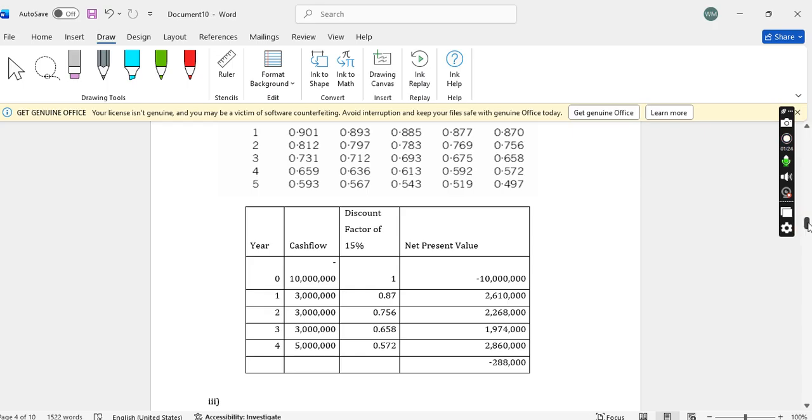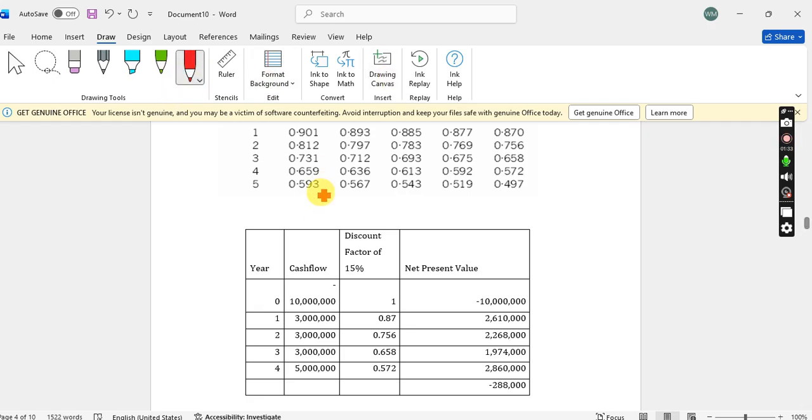Yes. So colleagues, this is the table for the net present value technique. We're just using this same formula from time value of money. Present value equals future value times 1 plus R to the power negative T. So our future values are coming here in this cash flow. Our discount factor, 1 plus R to the power negative T, is in this second column.